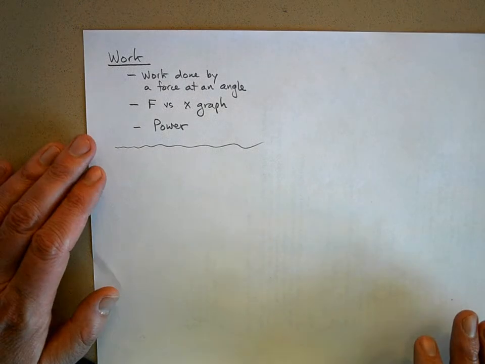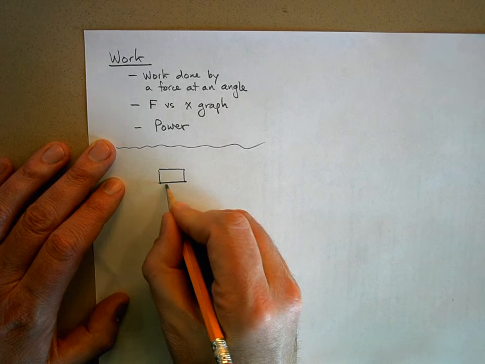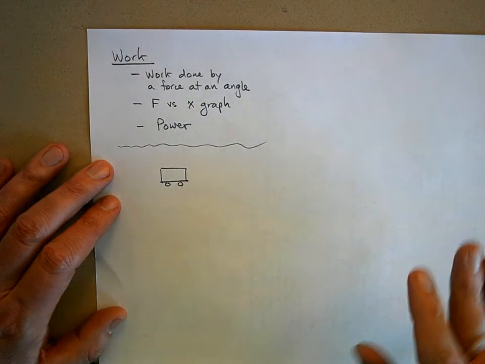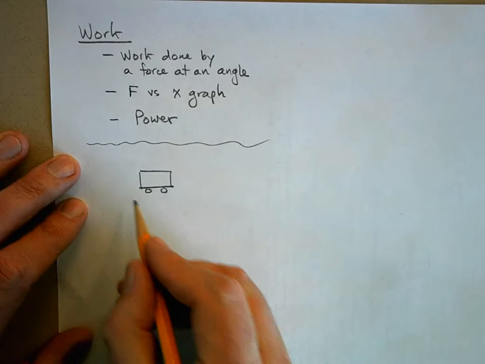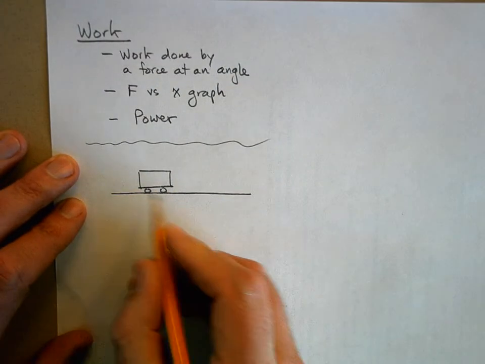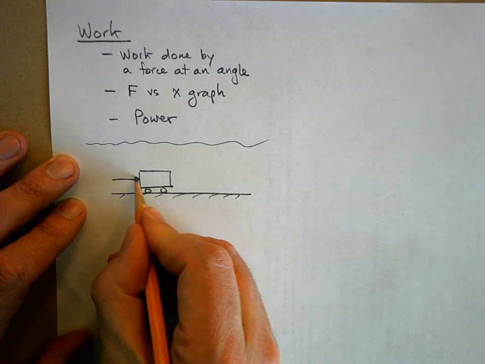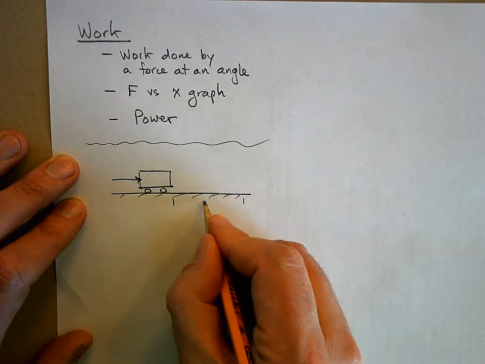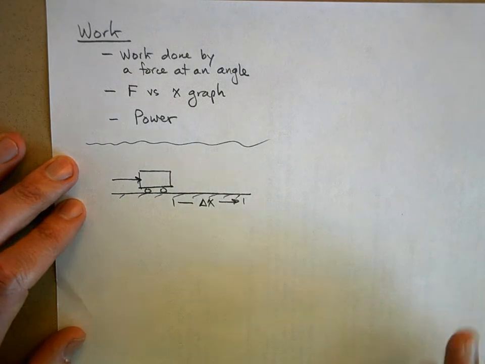Okay. Well, now we looked at this problem last time. If we had a crate, let me zoom in a little bit. So we had a crate, and we applied a force like this, and we said our displacement was like this, right? Well, let's actually do a problem.